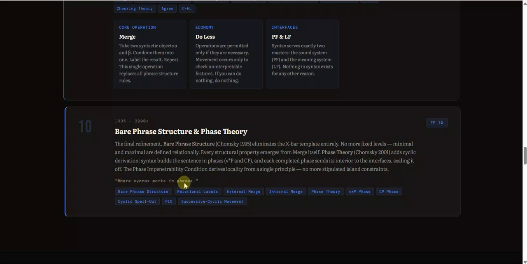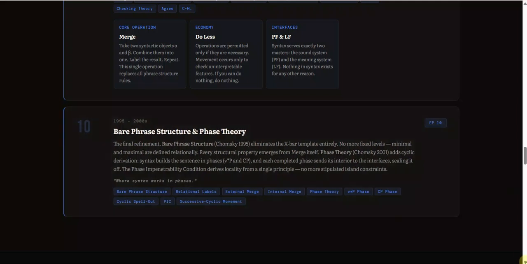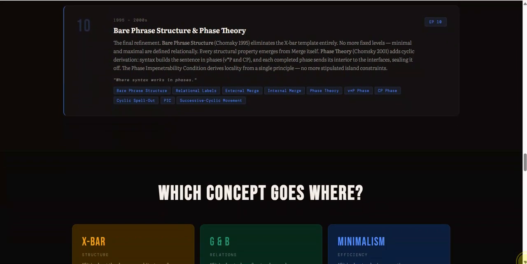Here syntax works in phases, having concepts like bare phrase structure, relational labels, external Merge, internal Merge, phase theory, VP phase, CP phase, cyclic spellout, PIC, and successive cyclic movement. Now, these are the 10 episodes that are completed.